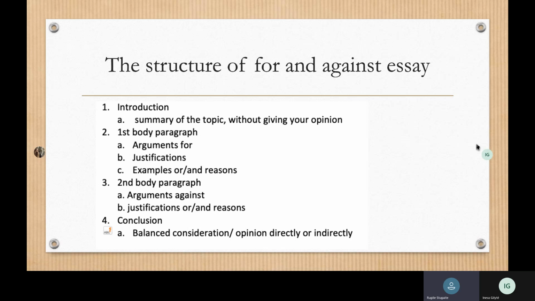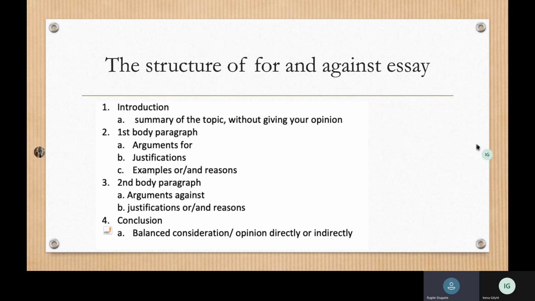In the first body paragraph, you have to give arguments for, so positive arguments, then any justifications, and going to the end of this paragraph, you must provide some examples or reasons that your arguments are based on.